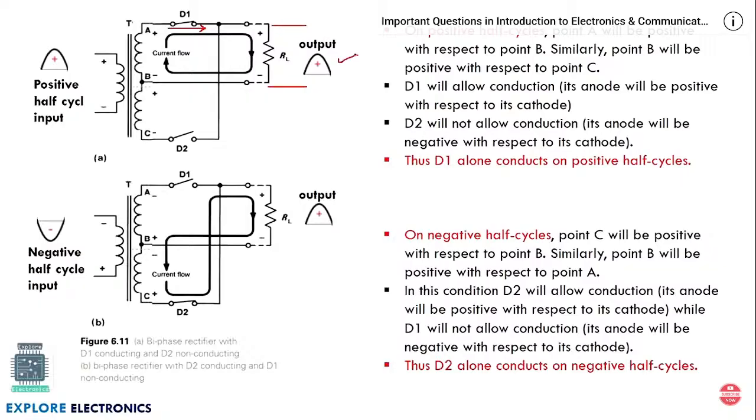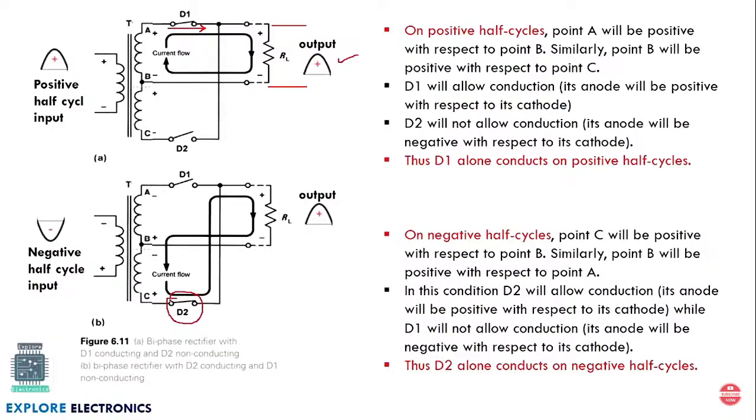Similarly, when the negative half cycle of the input is given, the signal will have a negative value with respect to the origin. Here it will be treated as the forward biased voltage to the diode D2. Diode D2 will be treating that as a positive voltage. Diode D2 conducts and D1 will be off because it is reverse biased. Because of D2, the current will flow in this direction and make a path like this, flow through RL and come back to the negative terminal of the center tap.